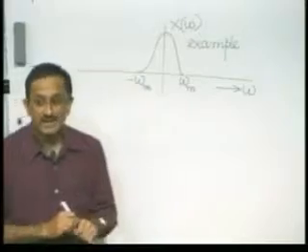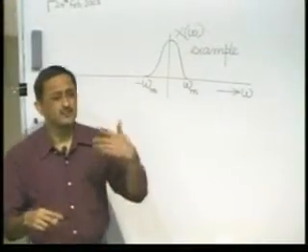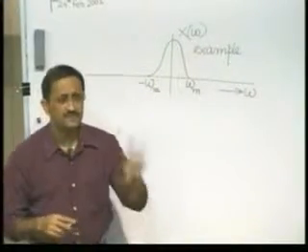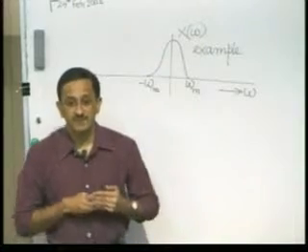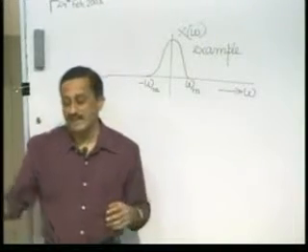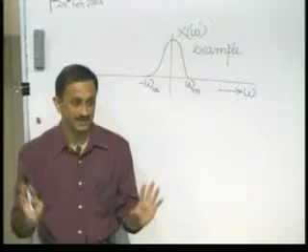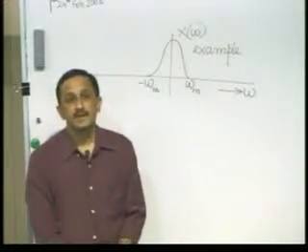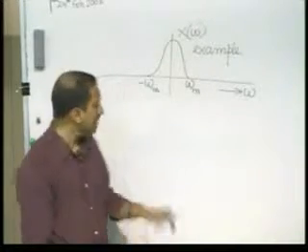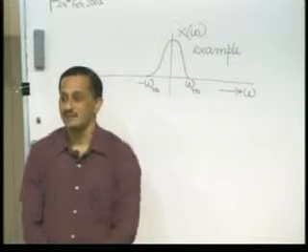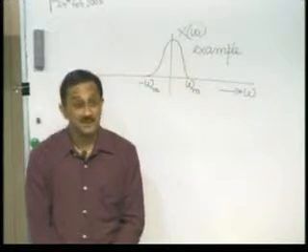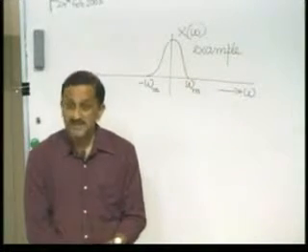Okay. Now for the moment, let's assume the phase is 0, for simplicity. So the magnitude of the Fourier transform is equal to the Fourier transform. Now my first question to you is, why have I drawn a symmetric X of omega? Because the signal x(t) is real.